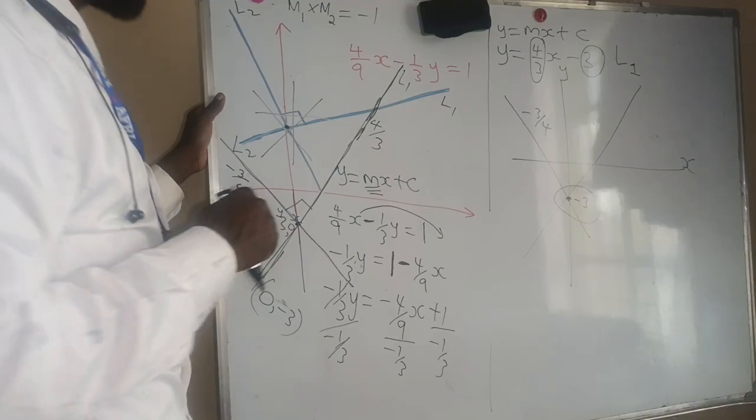So at this point, where this line L1 intersects with this L2, the line perpendicular to it, when the value of y is -3, the value of x is 0. You get the point?